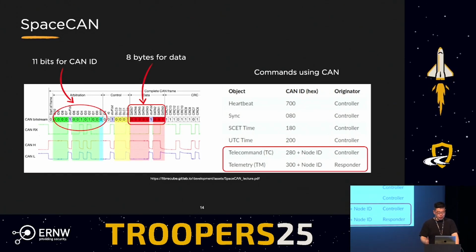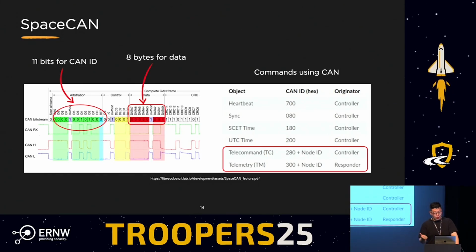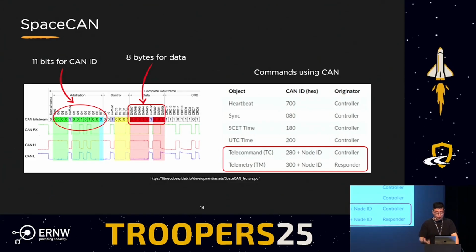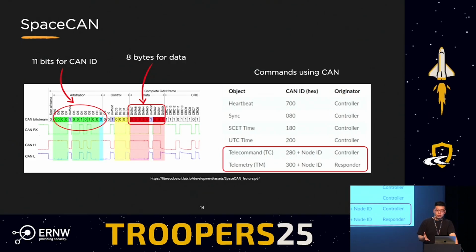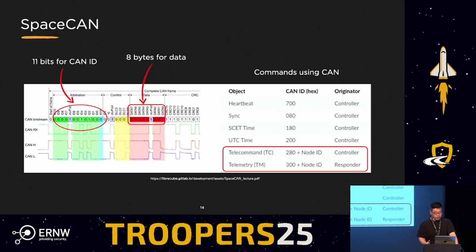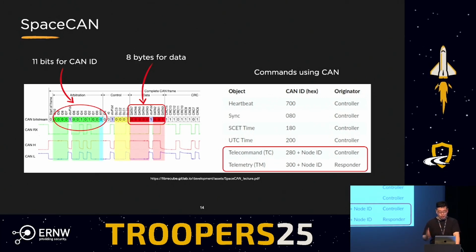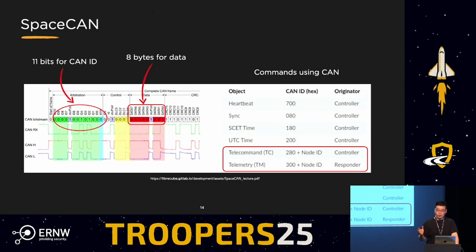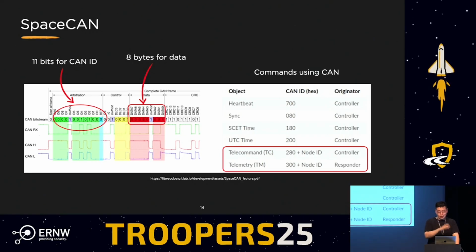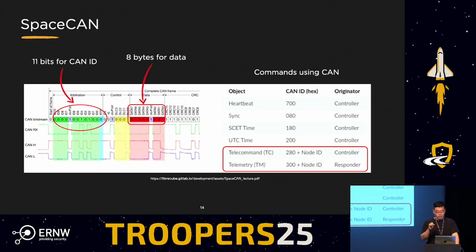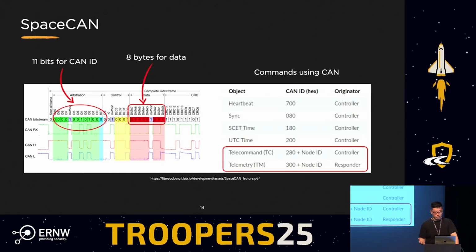They include heartbeats, or syncing the time between the Earth and the universe time. The two most important functions here are tail command and tail entry. To make it easier to understand, the ground station will send a tail command to the satellite, and the satellite should respond with the telemetry back to the ground station.